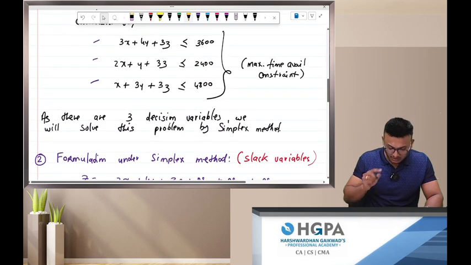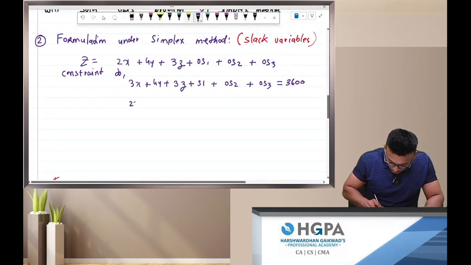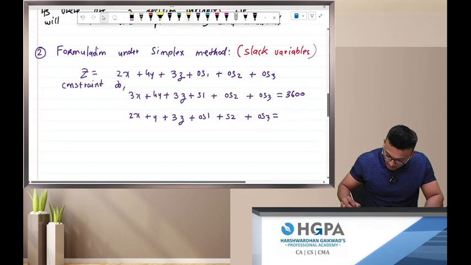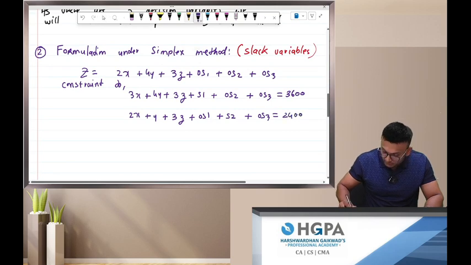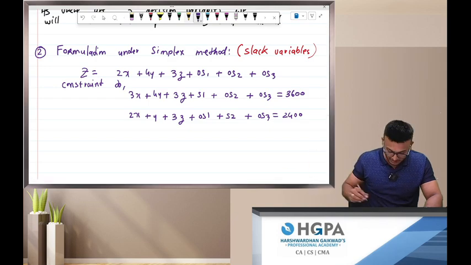Same thing you have to follow for the next equation also. How will you do it? Copy it the same way. 2x plus y plus 3z plus 0s1 plus s2 plus 0s3 is equal to 2400. We have to make a pattern. So s1 will be up, s2 and s3 will be down.